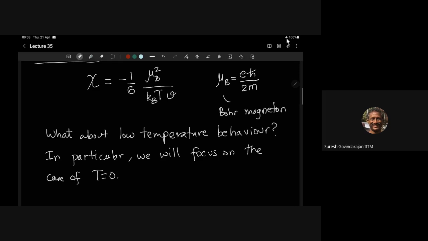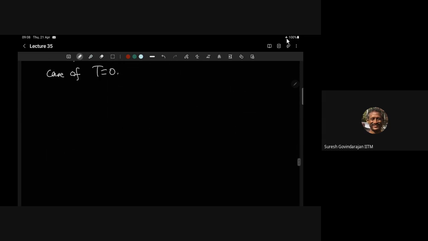Zero temperature. So we already know what happens, right? Even in the absence of magnetic field, what do you do? You fill things up to the Fermi level.